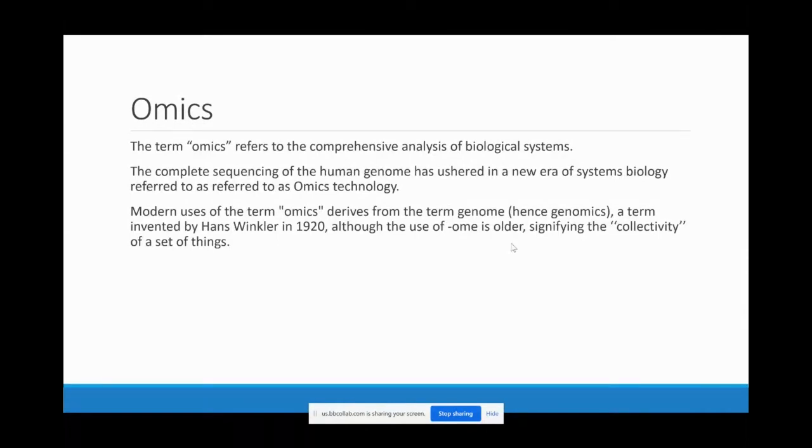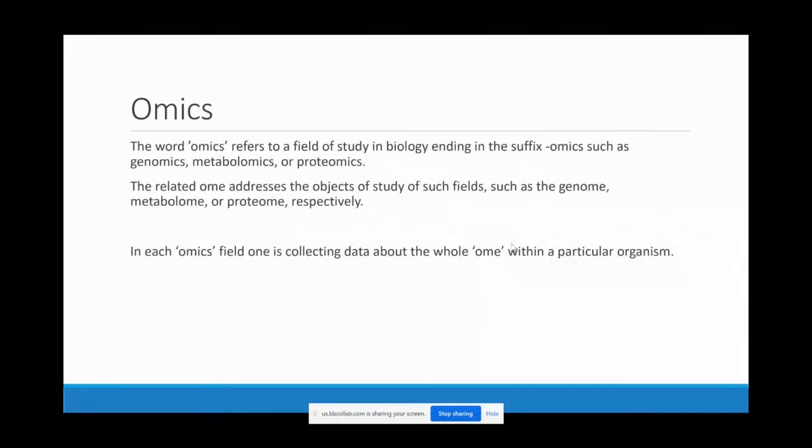But we can now, and we do, use the word omics away from just genes. We can use it to generally talk about the collective use of anything. So, for example, anything that ends in omics is just the study in biology of the whole system of that thing.